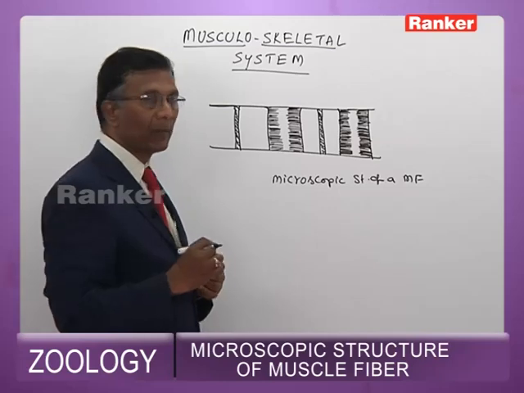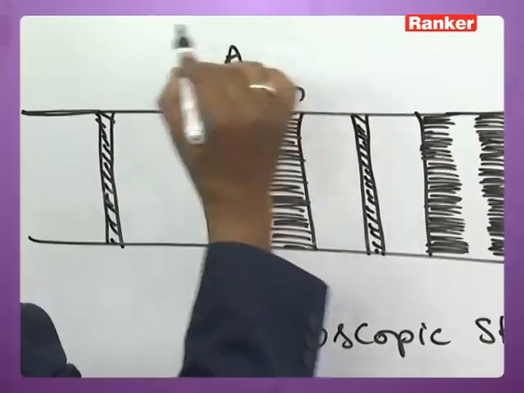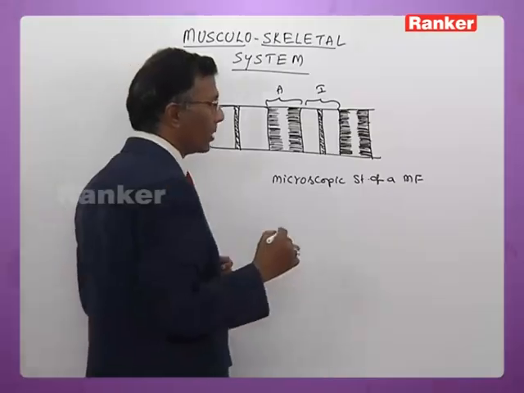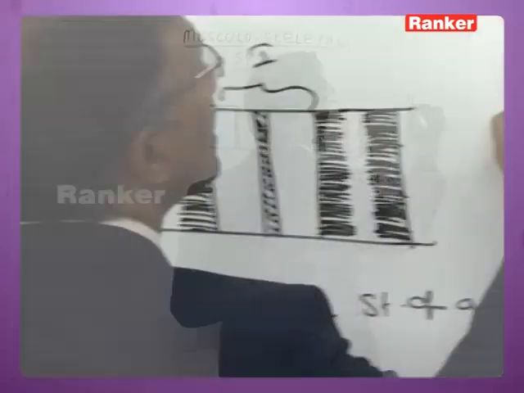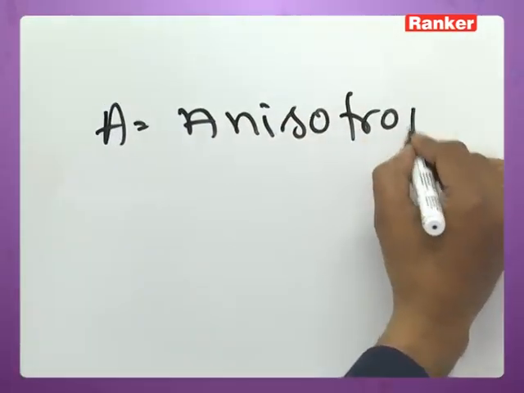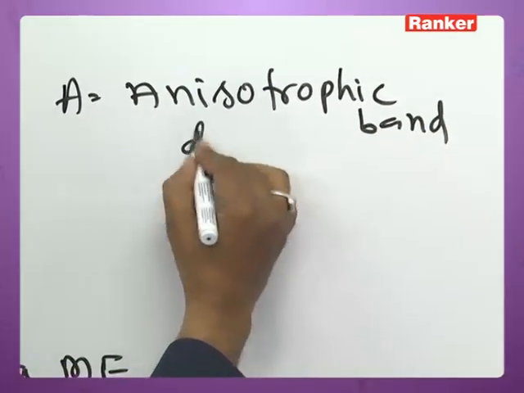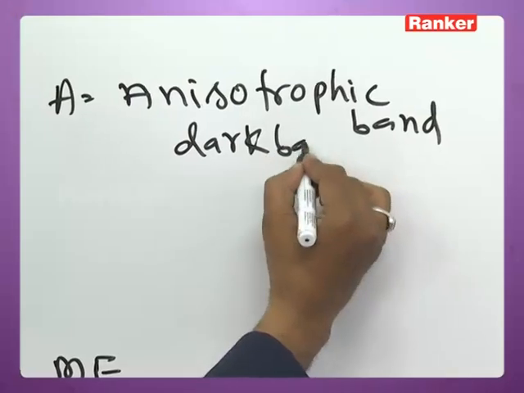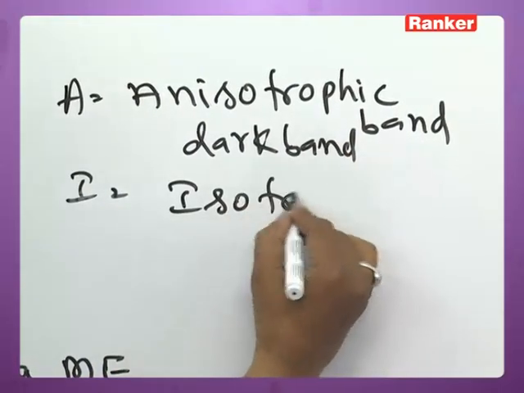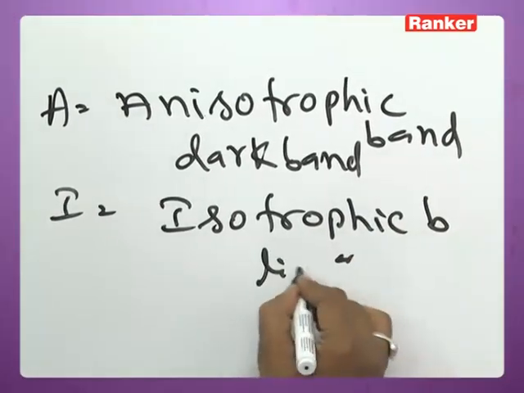You have a dark band from here to here, this is the A band, and from here to here you have the I band. A stands for anisotropic band, which is also called the dark band, and I stands for isotropic band or light band.